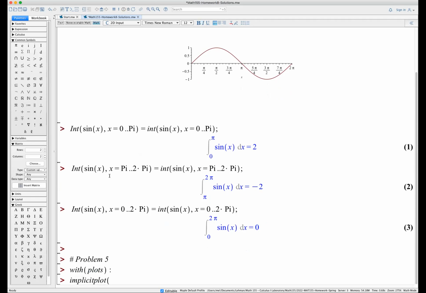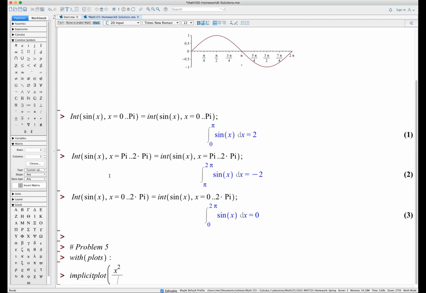if the curve is given implicitly by this equation, the equation is x squared over 24 plus y squared over 54 equals 1. And we need to give a range of values for x.